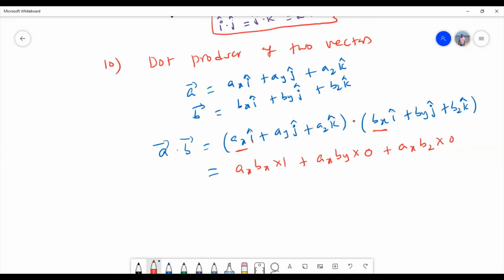Now similarly you multiply with AY the three terms, so this is plus AY BX into 0. Why 0?